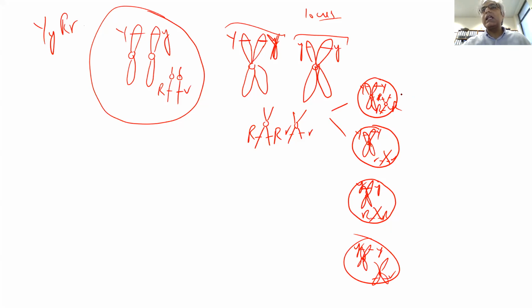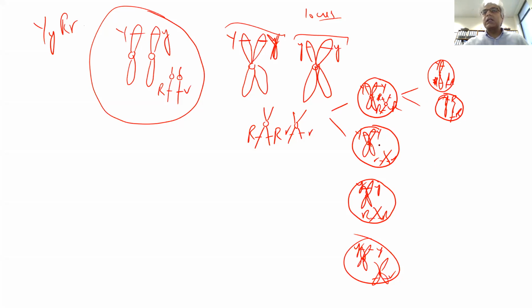Now this one is undergoing meiosis 2. In meiosis 2, we are going to have capital Y together with capital R. The second one will be its sister chromatid going to the other daughter cell, like this.